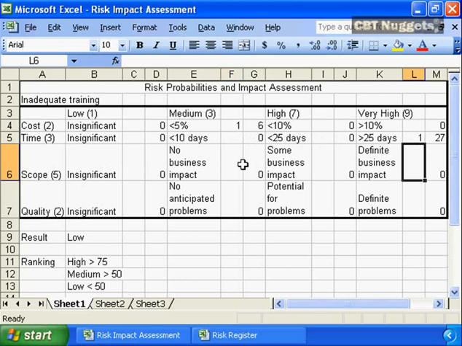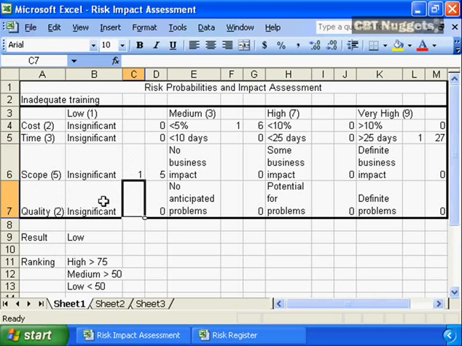We look at the scope impact. What impact is inadequate training going to have on scope? Well, it's simply the delivery aspect of the programming, so it should have very minimal impact on scope, so we will put a 1 into the column for insignificant. And we look at quality. What impact is inadequate training going to have on the quality of the final deliverable?